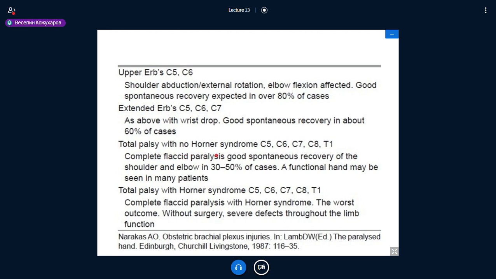Total palsy is divided in 2 groups, with Horner or without Horner syndrome. You know what is Horner syndrome?